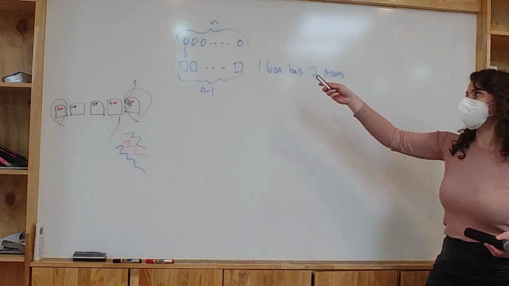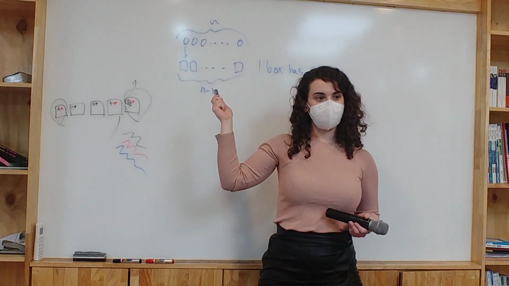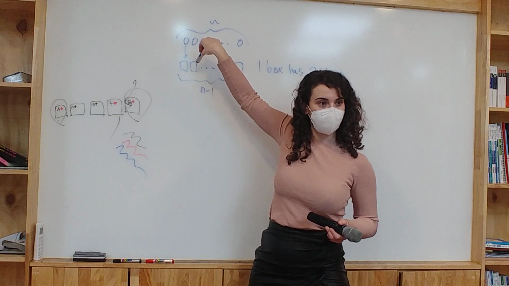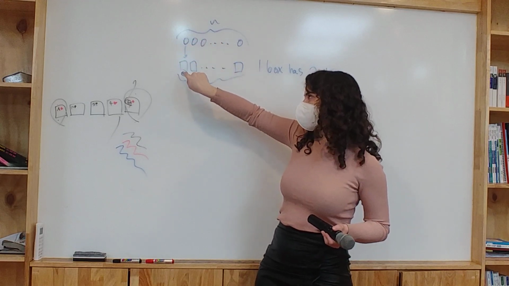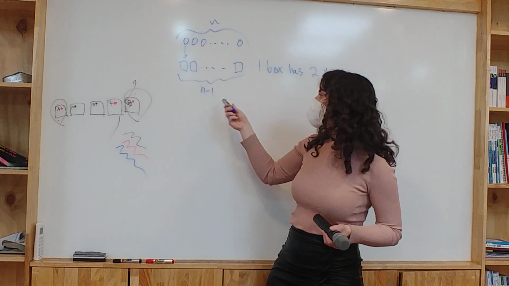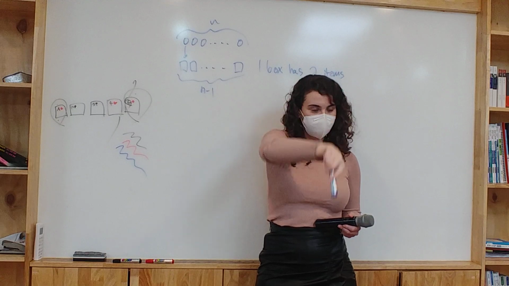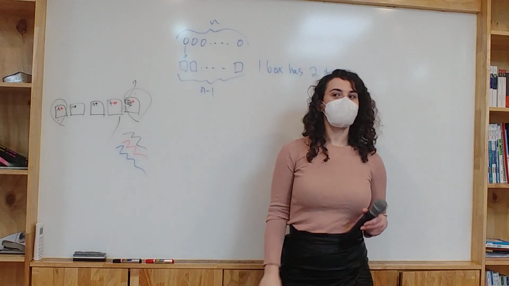If they all go in, one of them has to have 2. Because if they all have 1, that's only n minus 1 items, and the last one is still there, and you have to put it in one of them.